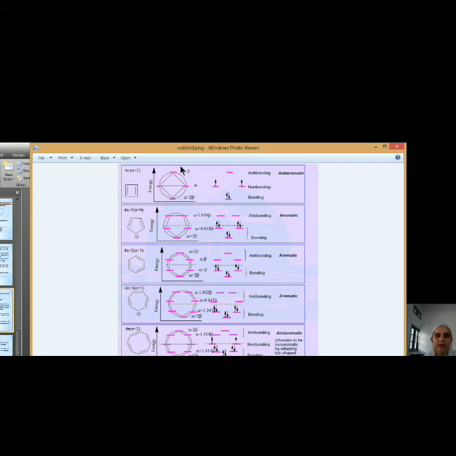So in this case we have one anti-bonding, and in this even membered case, we have 3, and this is also even membered, so this also has 3, an odd number of anti-bonding orbitals.